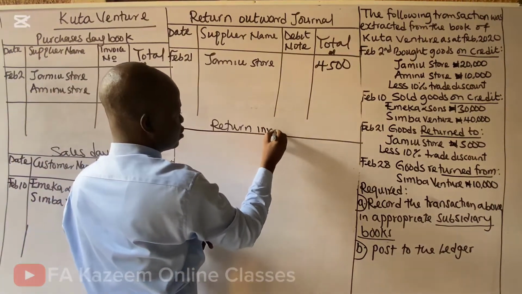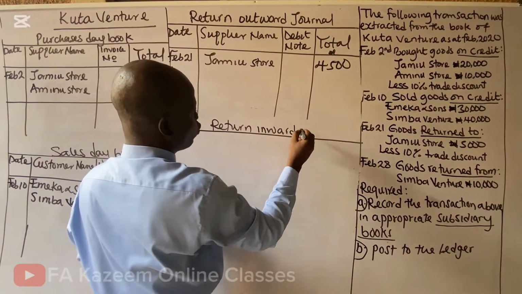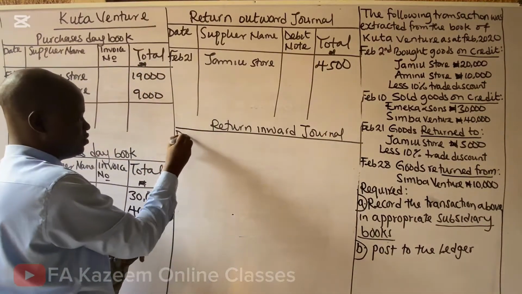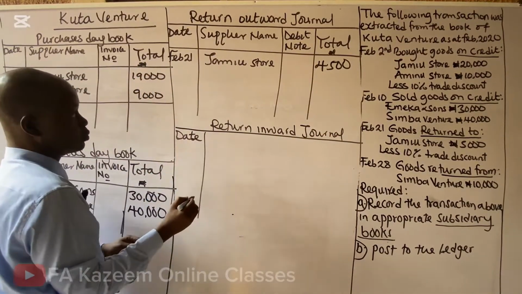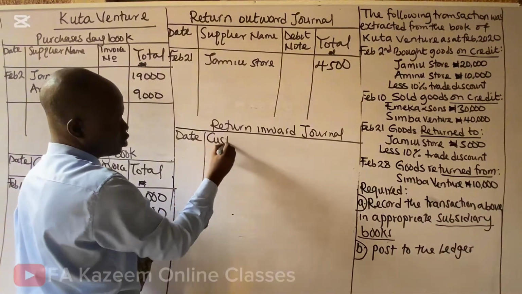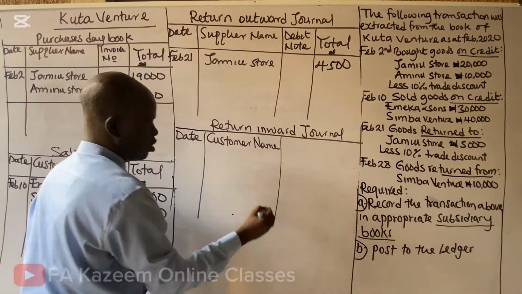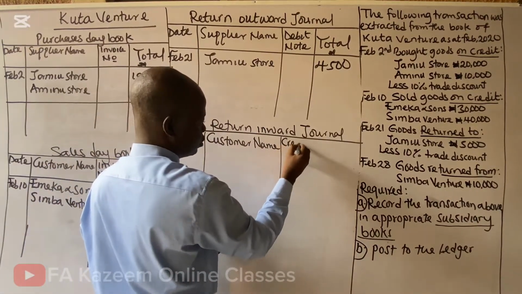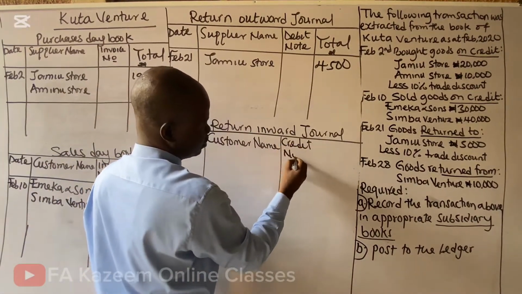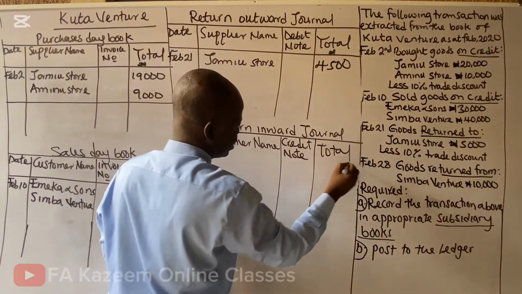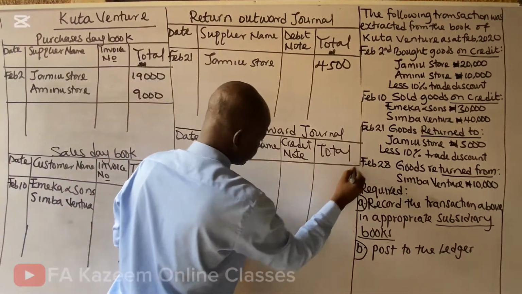That's the return inward journal, and we have a date, and who returned the goods back, that's the customer's name. The evidence of return we call credit note. And the amount of goods returned is called total.